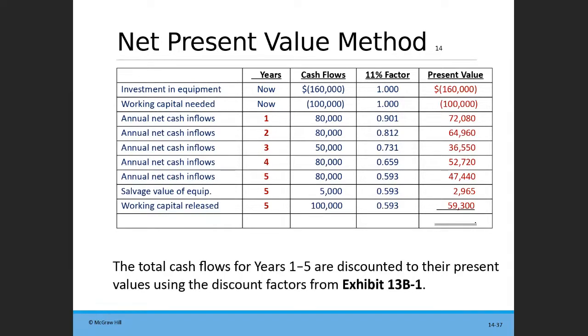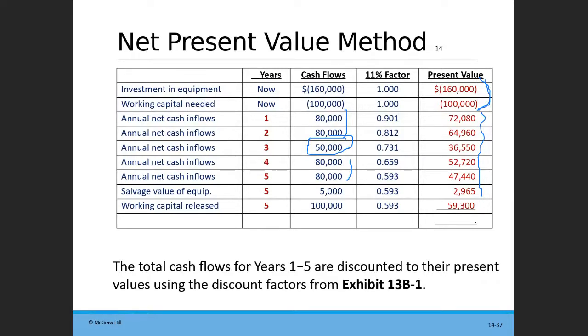All right, so what happens next is we do the cash flows for years 1 through 5, right? And so here they are. We're going to get our 80,000, except for in year 3, where we're really only going to net 50, because remember we had that 30,000 we have to spend on relining the machine, I think they called it, some kind of maintenance.